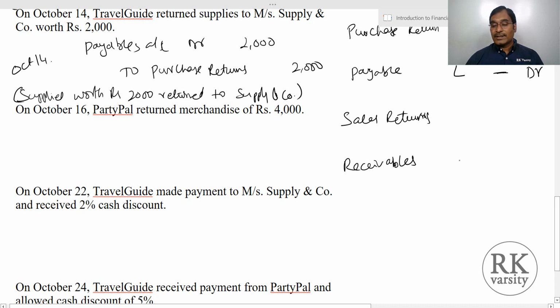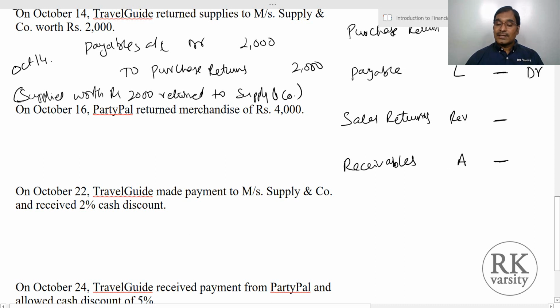So your receivables is an asset, sales is a revenue. Now what is happening to your asset? Your asset is decreasing. Instead of receiving the full amount, you are receiving a lesser amount, that is 4,000 less. So there is a decrease in your asset. And sales returns, what is happening? Your sales, that is your revenue, is also decreasing.